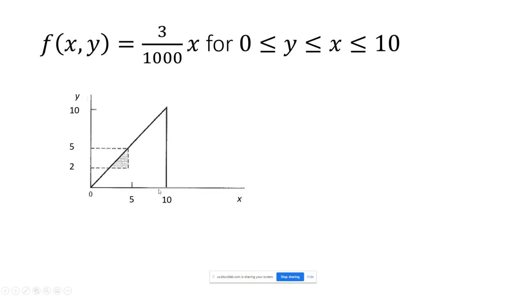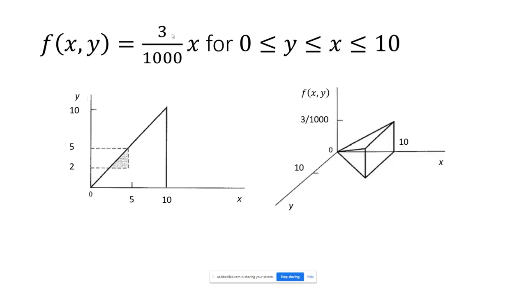So we're in this triangle drawn here. So the density function is some surface lying over that triangle. So here's how you might visualize that. In 3 dimensions, it would be this triangular prism, so like a pyramid lying on its side, where the base of the prism is this triangle that we drew in the xy plane.